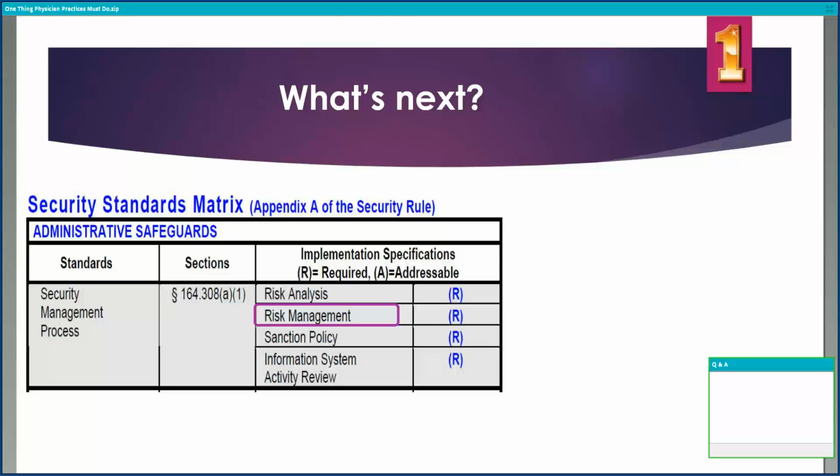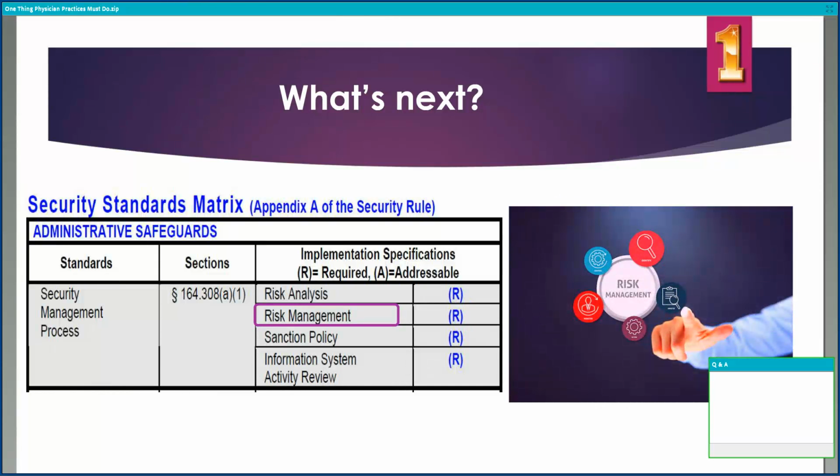So what's next after you have completed your security risk analysis? Your risk management plan is what you will develop. As we mentioned, these findings that you find from your risk analysis will be an ongoing process, and you will use the things that you've identified to develop your risk management plan.